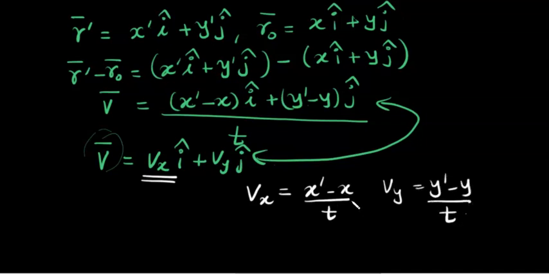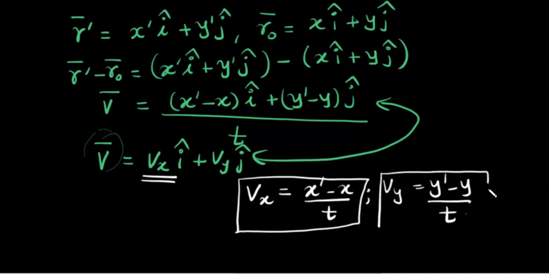The meaning of this is that the velocity in the x direction is nothing but the displacement along x divided by time, and velocity vy is nothing but the displacement along y divided by time.